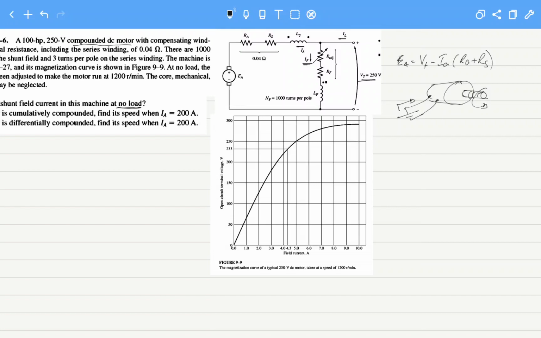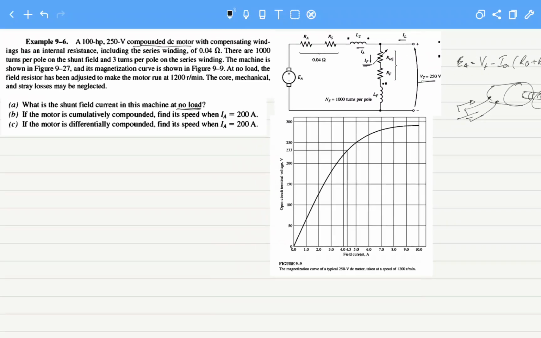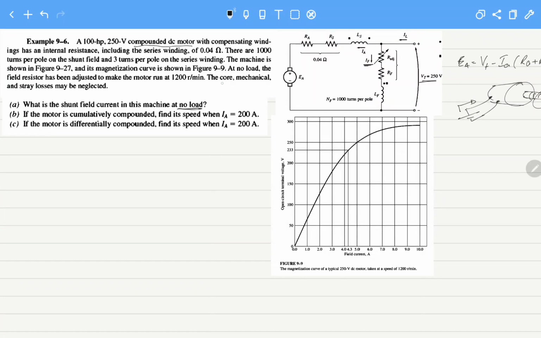But in this question, you can see the core, mechanical and stray losses may be neglected. This means there will be no armature current to compensate the rotational losses. So the only current going into this motor will be the field current.